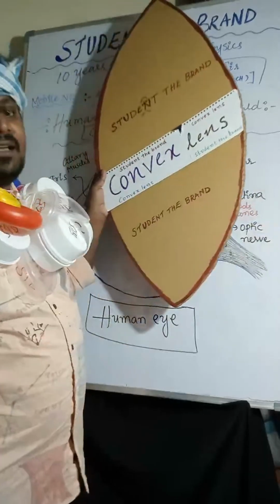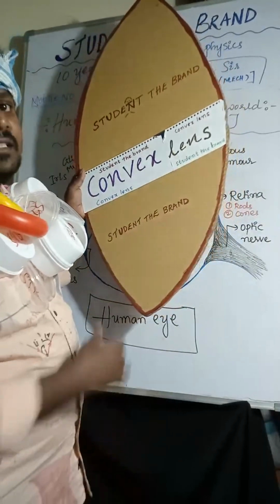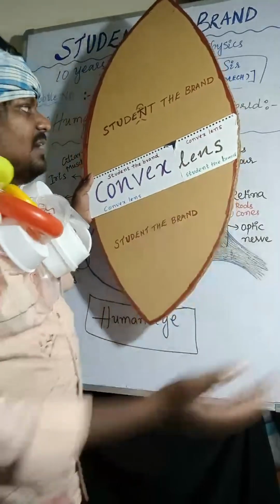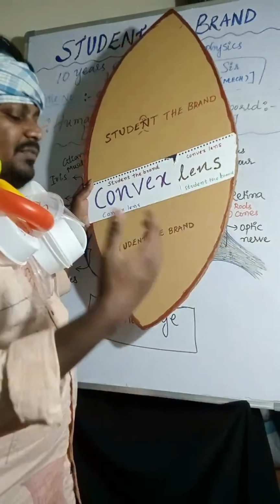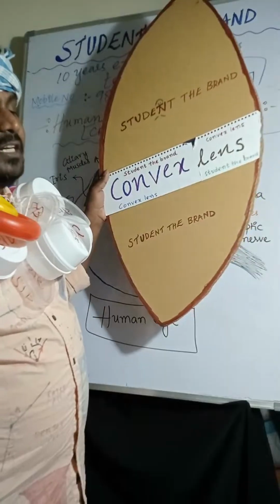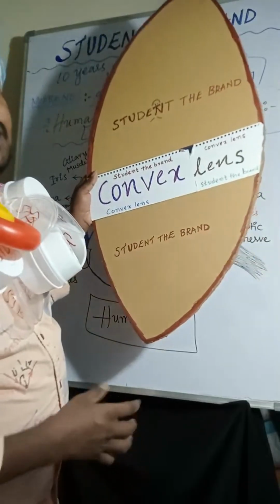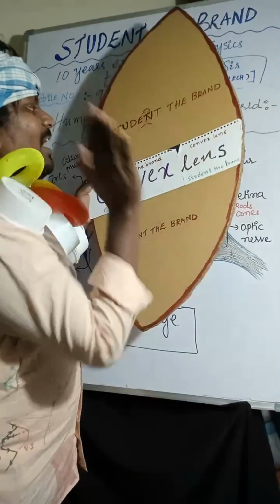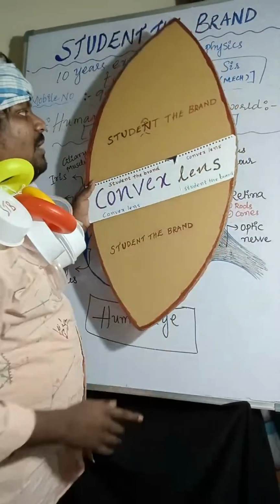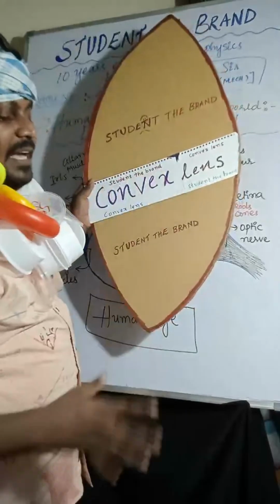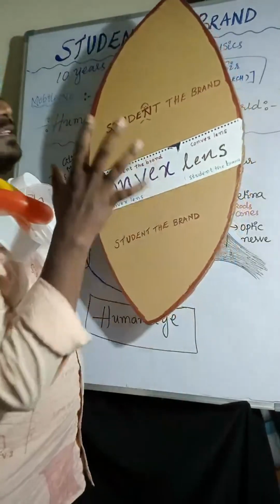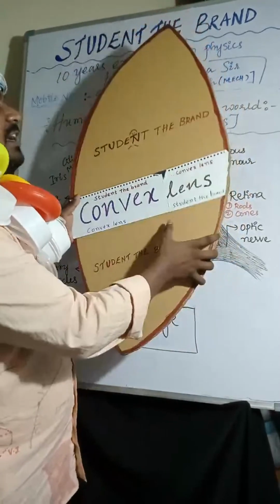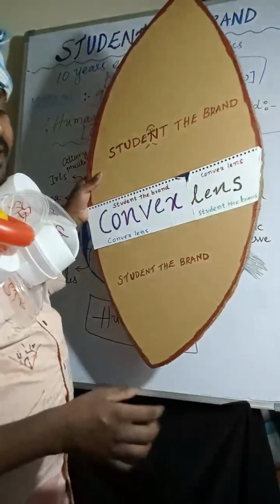So focal length increases. By that we are able to see far distance objects also. If you are seeing a nearby object, the convex lens thickness increases and focal length decreases.